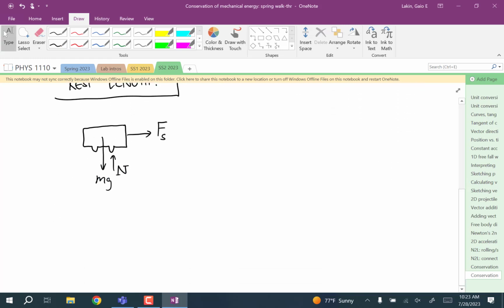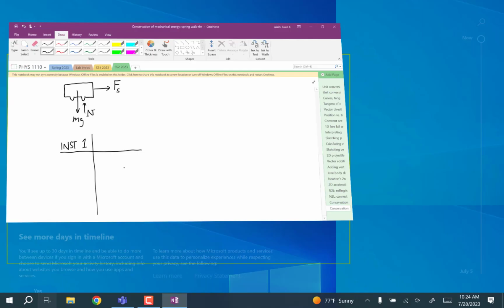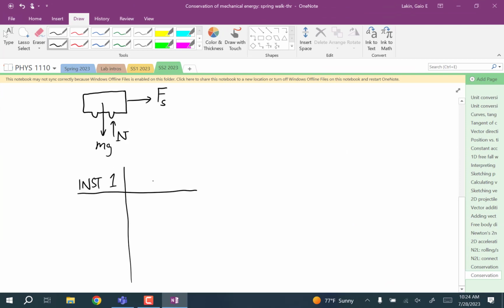Okay, so our instant 1 is going to be when the spring is pulled back 5 centimeters, and our instant 2 is going to be when the spring is 1 centimeter from its resting length. So pause the video for a second and see if you can fill out this table.